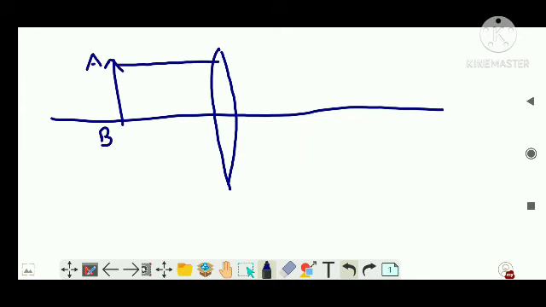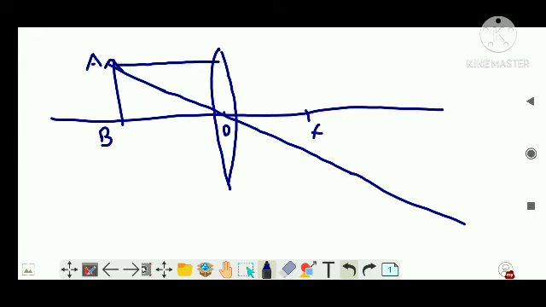This is the incident ray, and this is the optical center. One ray is passing through the optical center, and this one diverges, right? And this is the focus, let's say. This converges, right? Converging section. Let's let it meet, guys. I am going to meet it like here. I hope you understood, right?